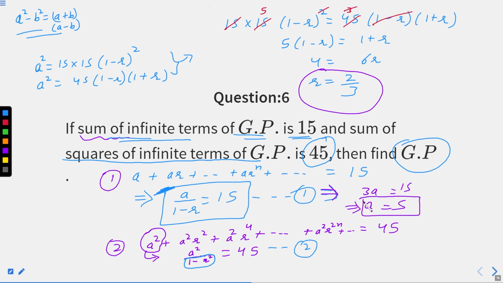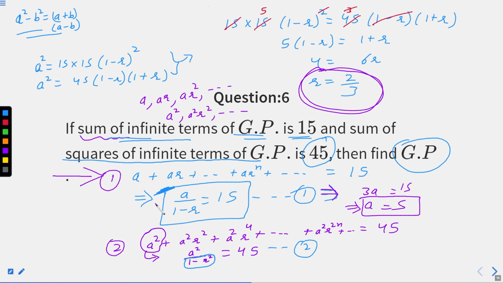So A is 5 and R is 2 by 3. So easily we can find our main GP. The main GP was A, AR, AR square, and the second GP will be A square, A square R square, and so on.